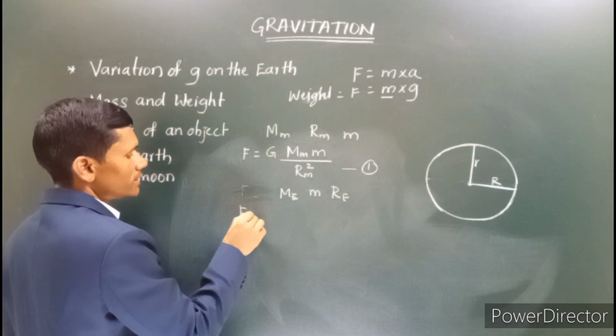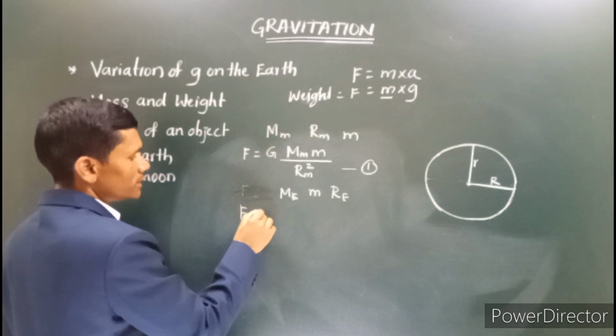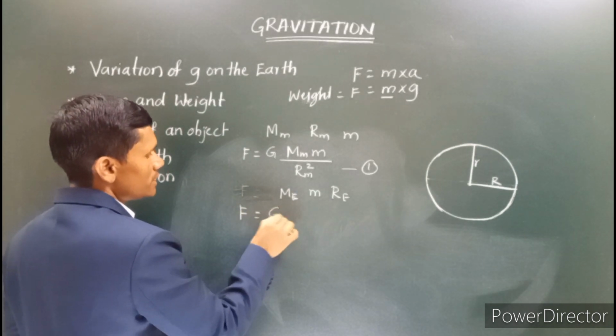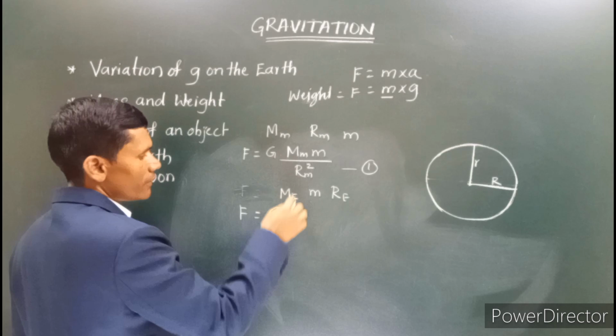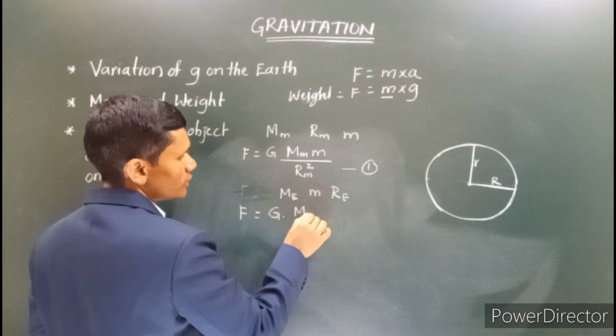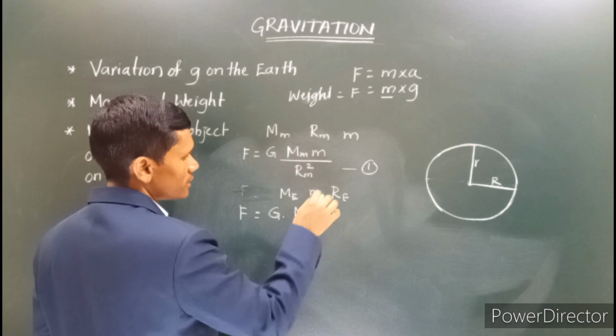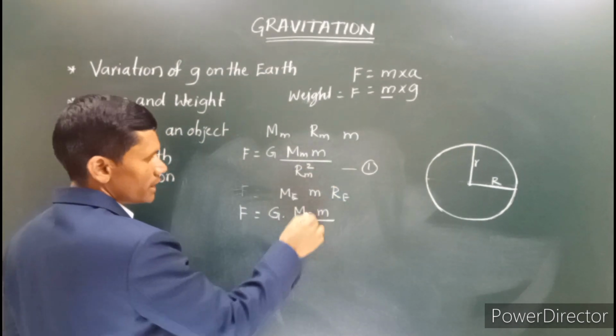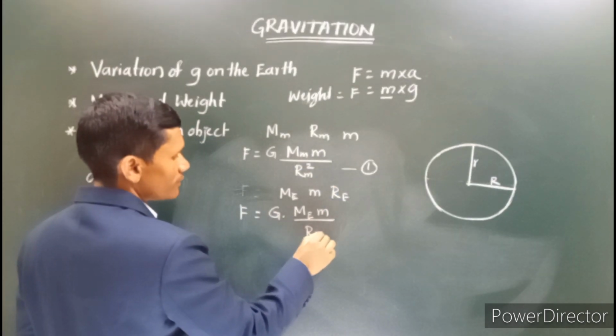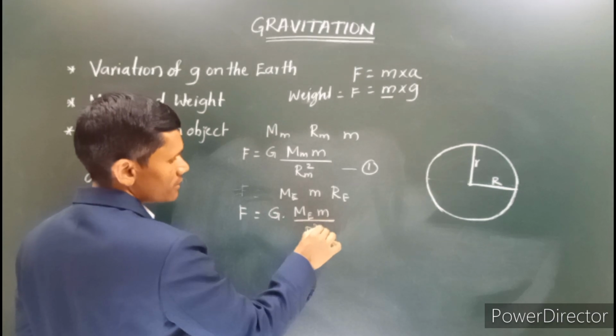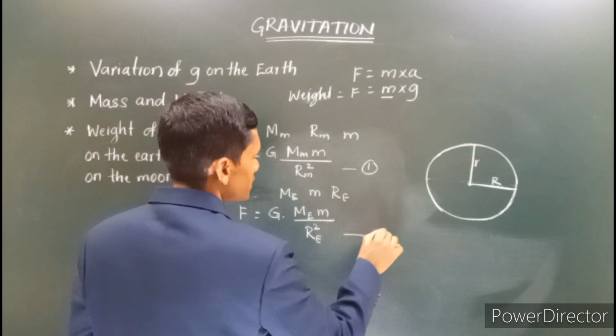Now let us write the force acting on that object. F is equal to G into, according to the universal law of gravitation, the product of the masses of the two objects, mass of the earth and mass of the object, divided by the square of the distance, that is the radius of the earth. This is equation 2.